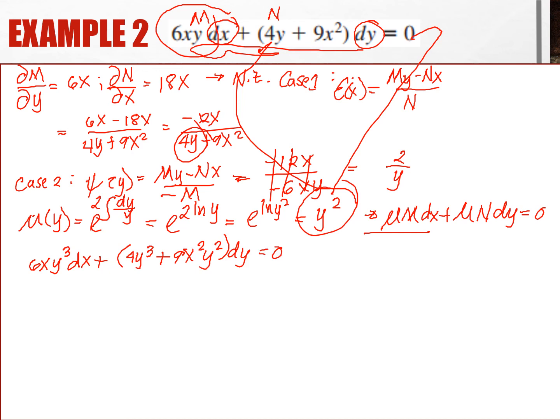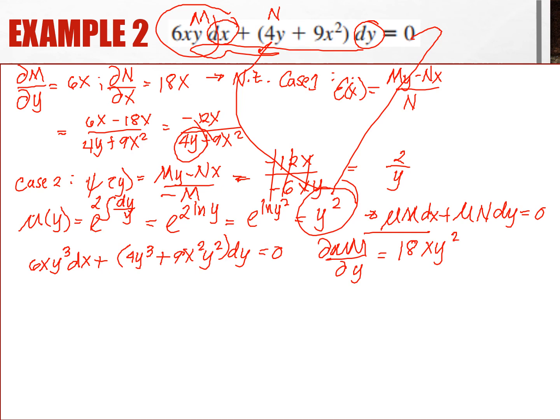Now, testing again for exactness, we have the partial derivative of mu M with respect to y equal to 18x y squared.